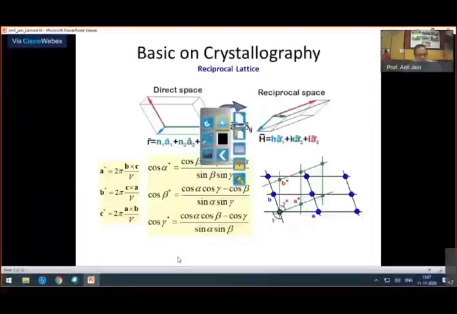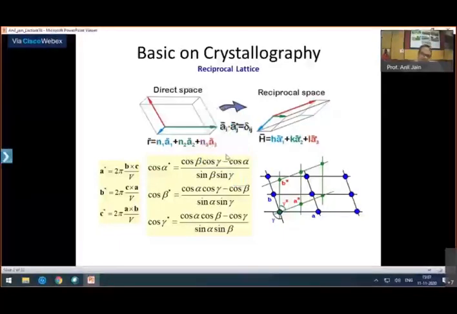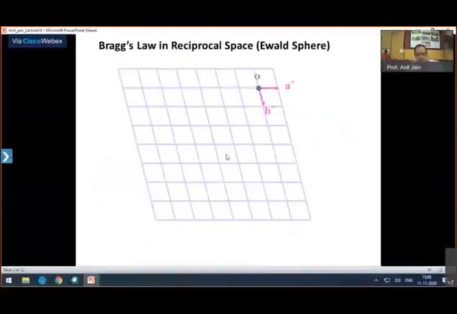Now, the question comes: if you have a material and your idea is to get information about its crystal structure, the first problem is to determine the crystal structure of the material. The ideal way is to have a single crystal, and for the single crystal you can draw the reciprocal space which looks like this.